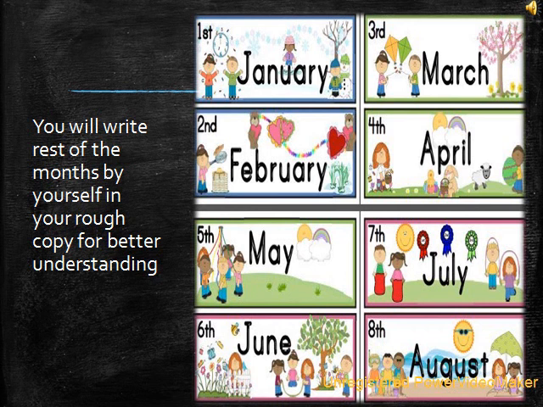So first is Sunday, second is Monday, third is Tuesday, fourth is Wednesday, fifth is Thursday, sixth is Friday, and seventh is Saturday. We have 7 days, right? So we have all the days. You can see it and you can learn it from there.